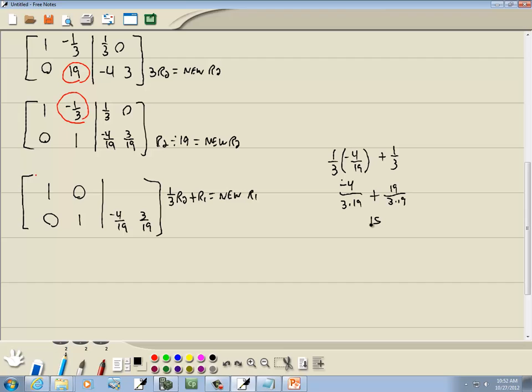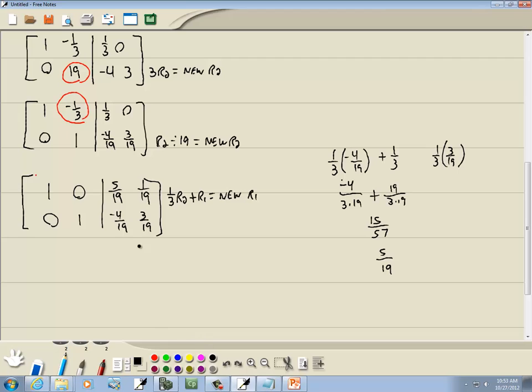So that gives us 15 over 57, which reduces to 5 19ths. Negative 4, okay, times 19, 15, looks right. Okay, now 1 third times 3 19ths, and then add the 0. The 3's cancel, that's 1 19th.